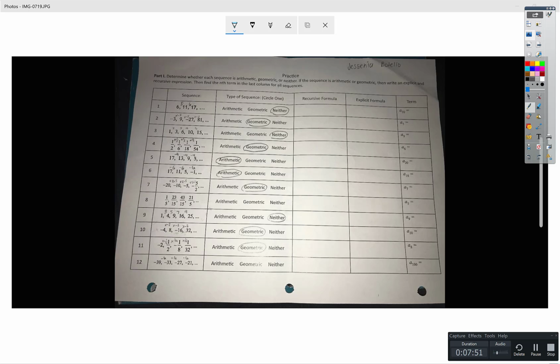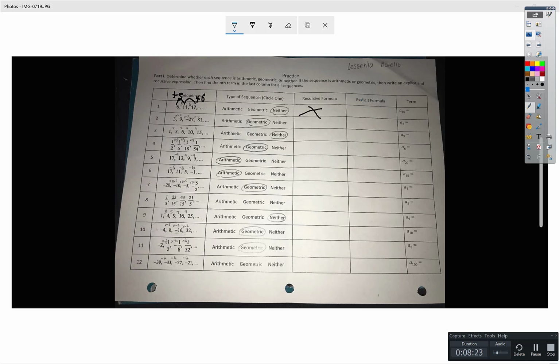So here we have 6 plus what is 11? Well, 6 plus 5 is 11, and 11 plus 6 is 17. And here we see we're not adding a consistent number, and we're not multiplying by a consistent number, because 6 plus 5 is 11, 11 plus 6 is 17, so we're not adding by a consistent amount. And because of that, it's neither.